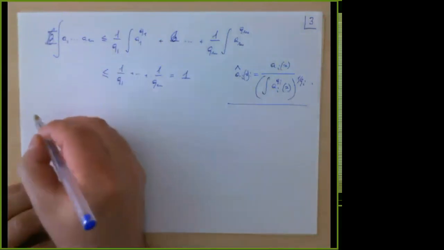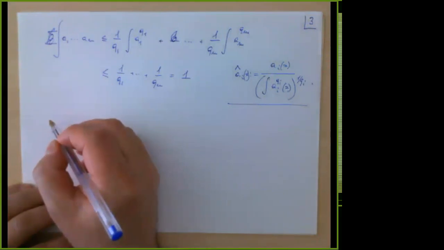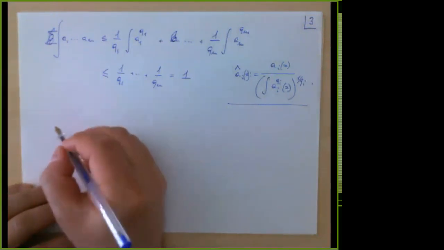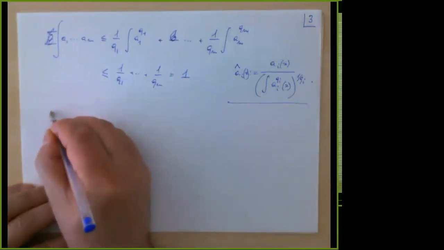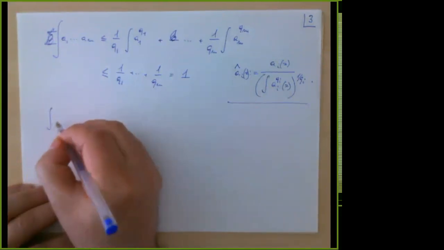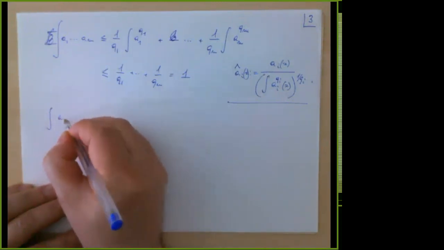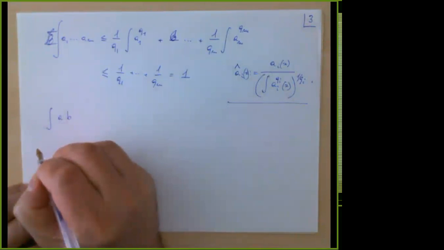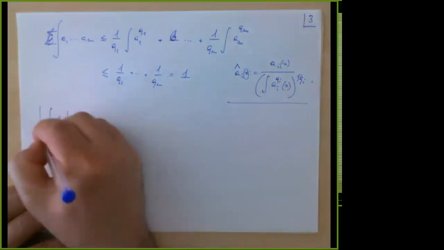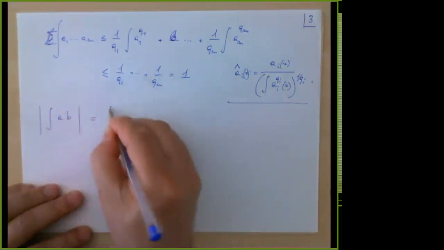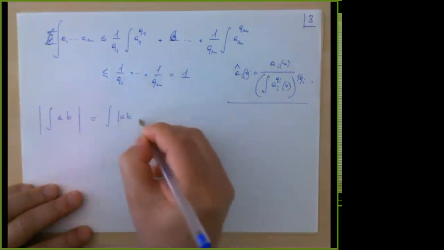I hope you don't mind, even if maybe you're used to seeing f instead of a_i, but it doesn't play really any role. The claim is the following, that if I have two functions, a and b, so that I integrate a and b, and if I have equality, I have this chain of equalities.